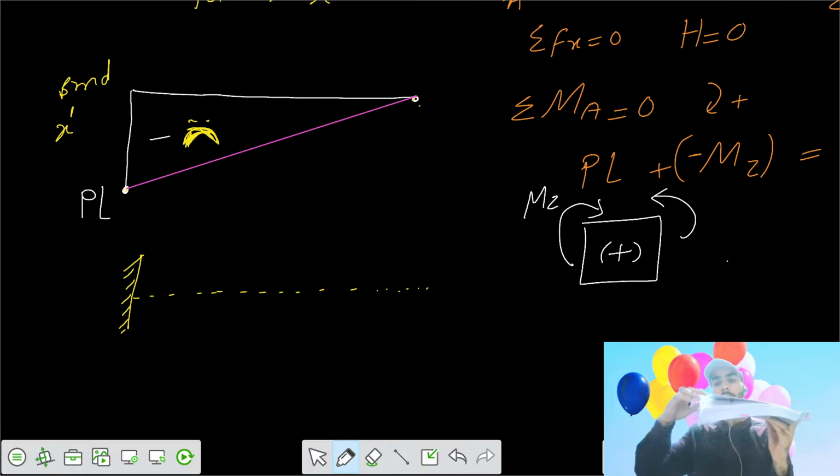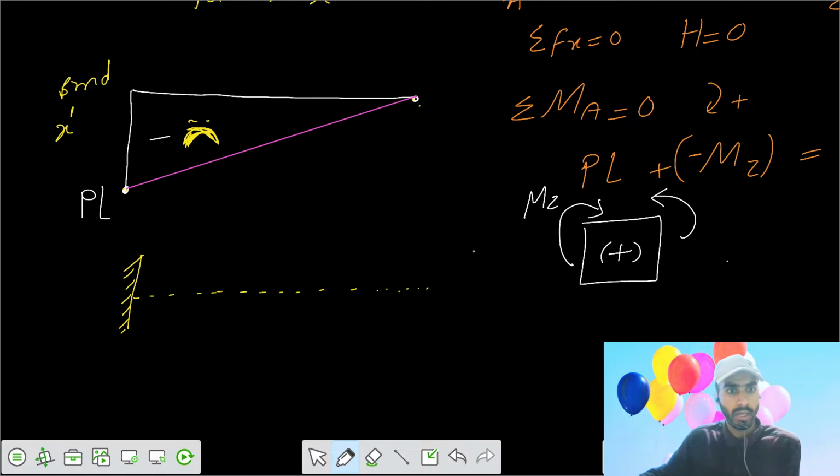Now if you apply a load of P kilonewton at this point, it would get deflected in this fashion. So your bending moment diagram is hogging, so the deflected shape is also a hogging diagram.